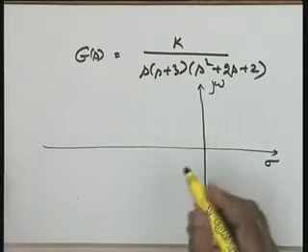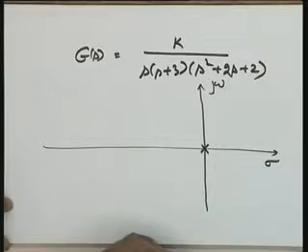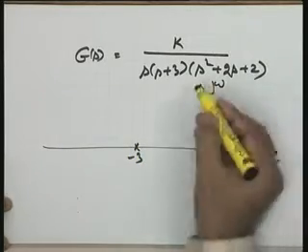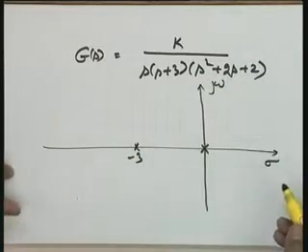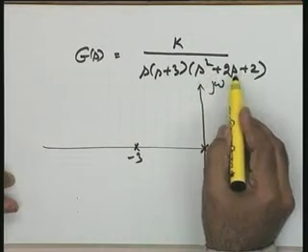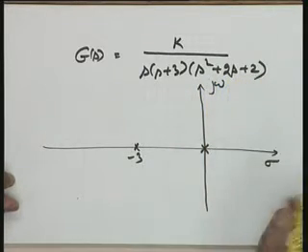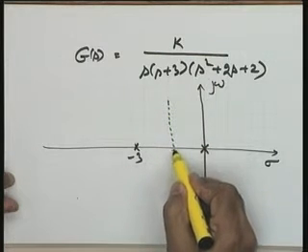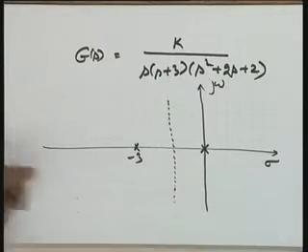So, in this particular case you find s is equal to 0, s is equal to minus 3, and help me please, what are the locations of the open loop poles due to the factor s squared plus 2s plus 2? Yes? What are the factors please?